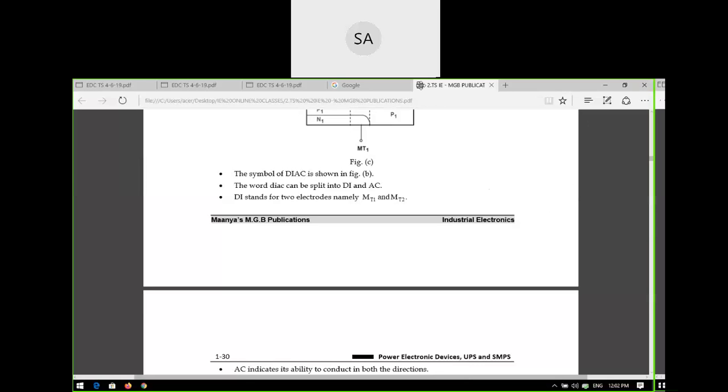Is it clear, all of you? Others are not responding. Only Sindhuja is responding. She is listening very carefully. She is good. What about the two others?